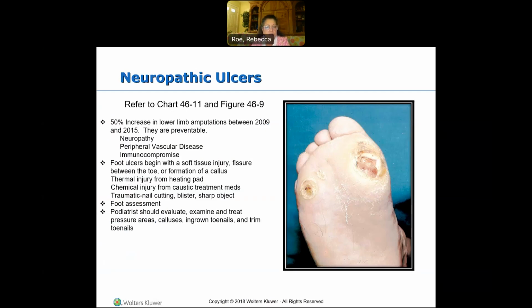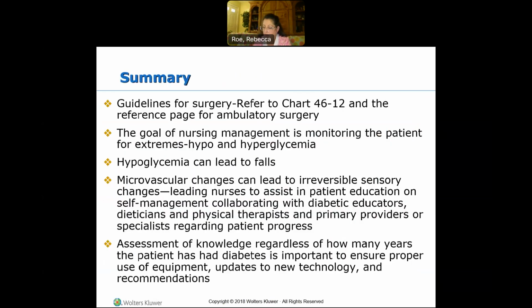So, in summary, the guidelines for surgery are there. We have very strict guidelines when it comes to bringing patients to surgery and testing patients for blood glucose, especially if they're severely diabetic and they need to be tested during surgery.